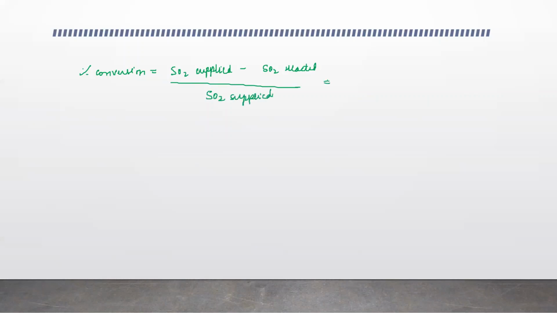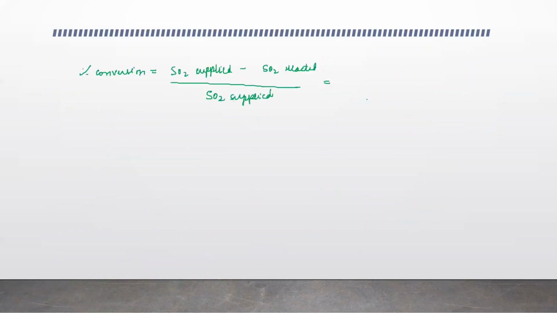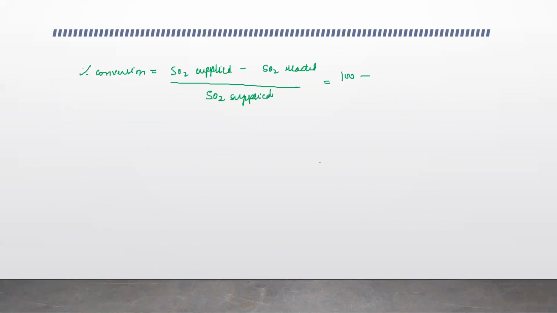SO2 supplied is 100 kilomole. So 100 minus SO2 consumed, that's 60, so 100 minus 60, upon SO2 supplied, 100, right?